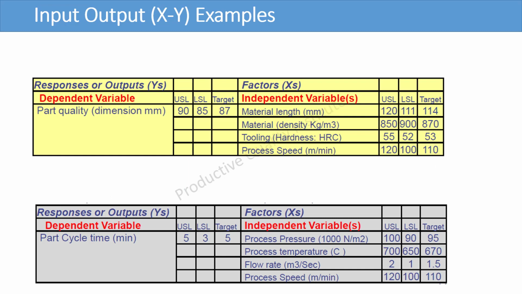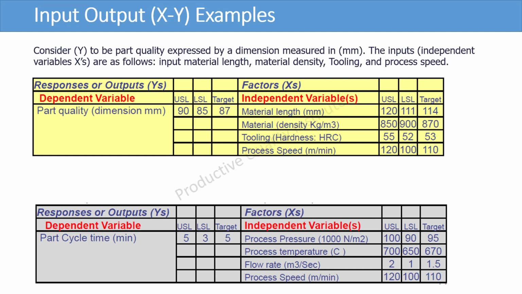Let us check the following examples for Input-Output, XY Analysis. Consider Y to be part quality expressed by a dimension measured in millimeters. In this case, the inputs, independent variables X's, are as follows: input material length, material density, tooling, and process speed.